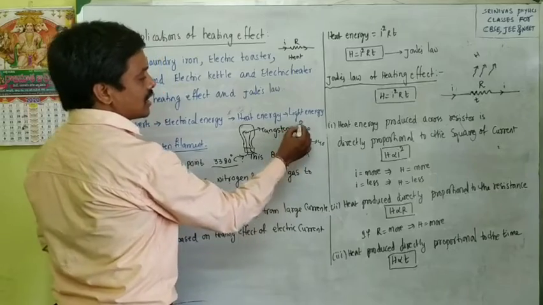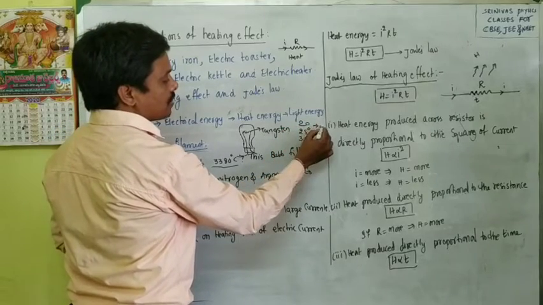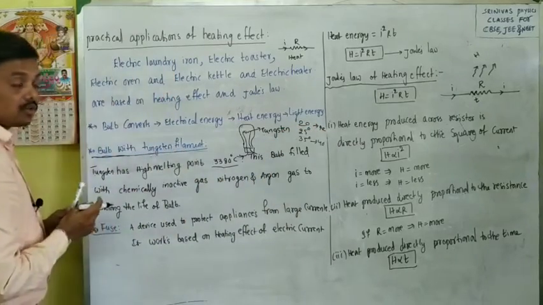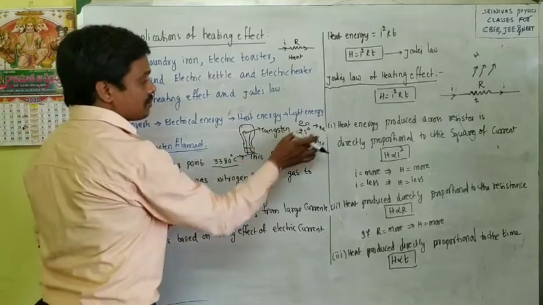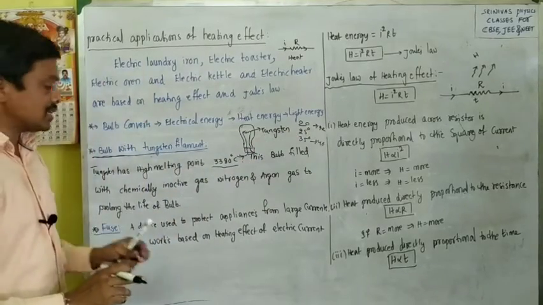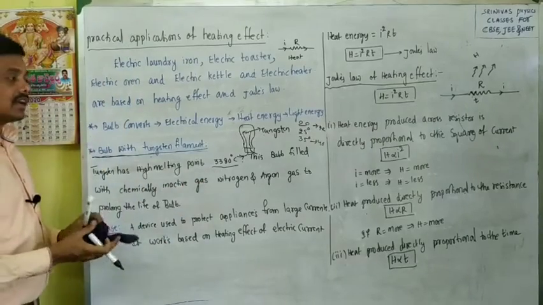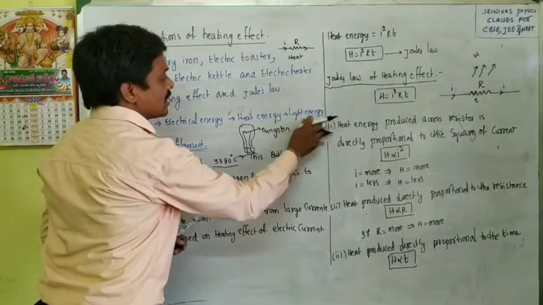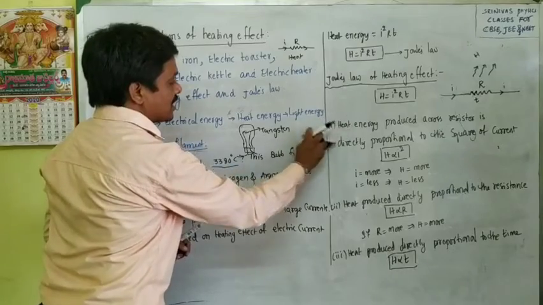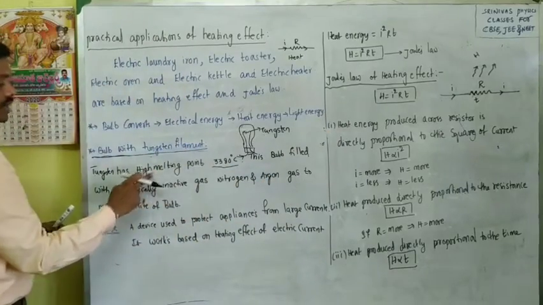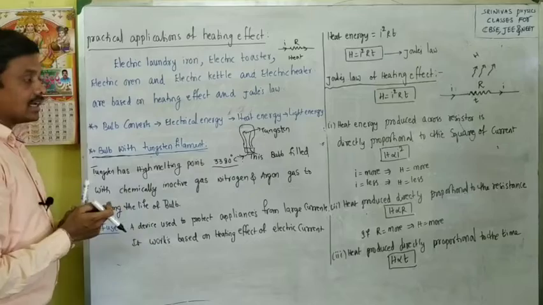That means the atmosphere temperature ranges from about 20 to 42 or 43. But here it is at a very high temperature, and even at high temperature it cannot melt. To melt it, a very large temperature is required. Its melting point is 3380 degrees Celsius.